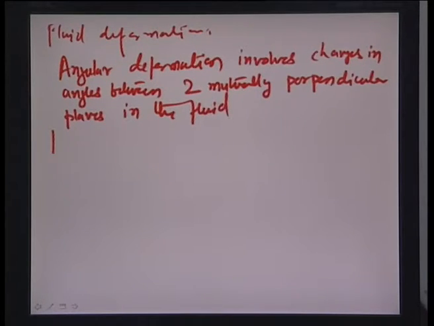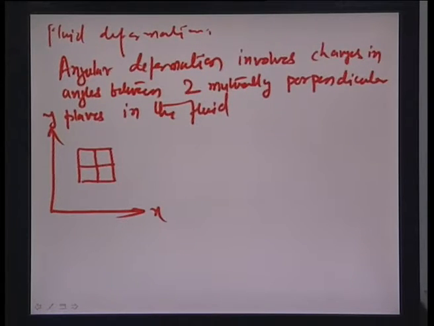Okay. So, you have x and y coordinates here, you have a square with two diagonals, and you are angularly deforming this in a manner so that the new shape that it assumes has the diagonals moved away from perpendicular to this new angular shape.